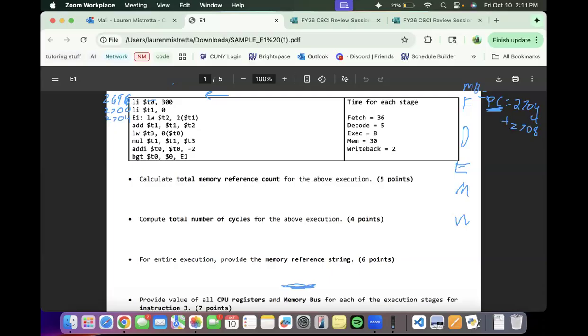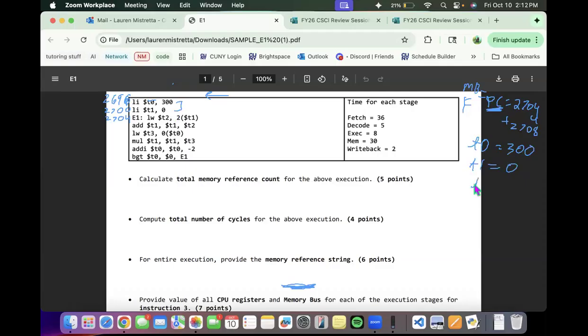Okay, our CPU registers, T1 and T0, are going to still have our original values. T0 is going to be 300 and T1 is going to have 0 because these were initialized over here.